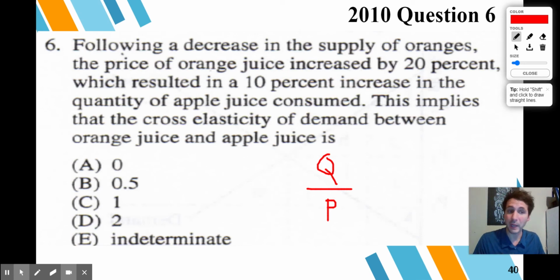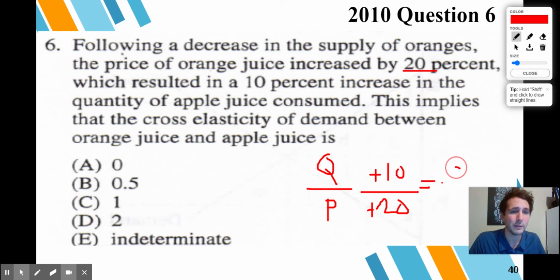Of course, we care about the positive or negative in this instance. So it says the price of orange juice increased by 20%. So plus 20 is going to be my denominator. And then it says that my quantity of apple juice consumed increased by 10%. So that's plus 10. That's going to give me 0.5.